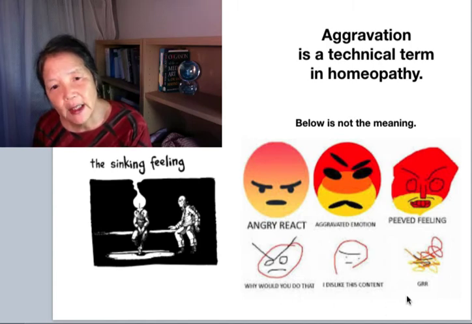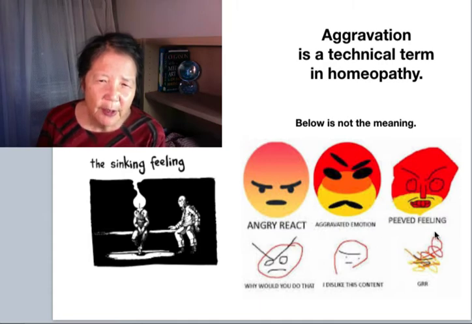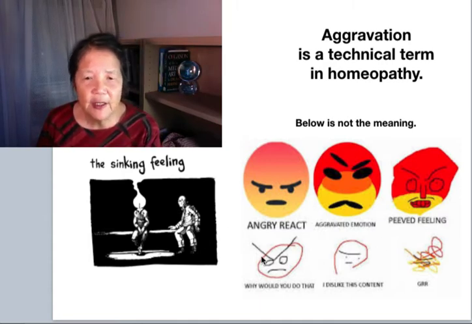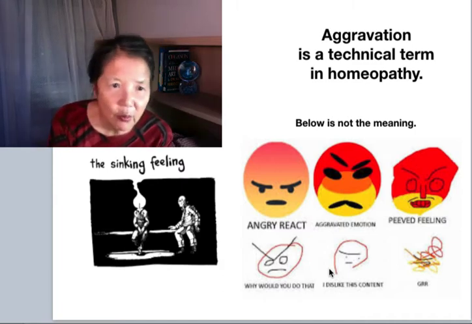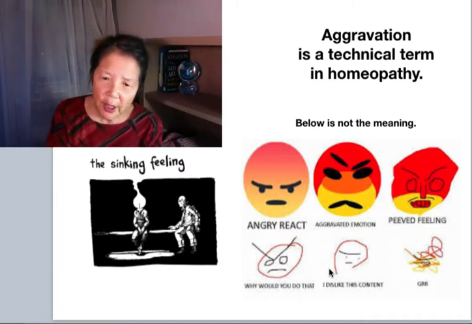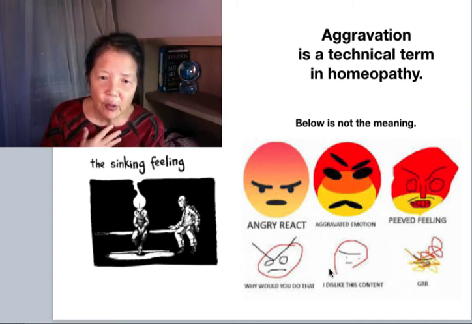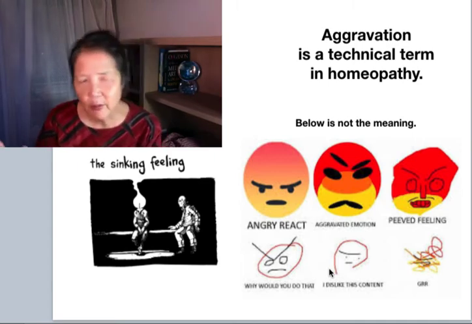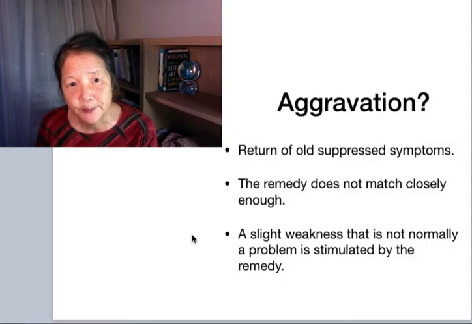These kinds of meanings, a reaction of anger, aggravated emotions, peevish feelings, sinking feelings, all these negative kinds of things were associated with the term aggravation. But the word aggravation is a very technical term. The person who gets an aggravation may be angry or may have a sinking feeling, but that is not what the definition of an aggravation is.